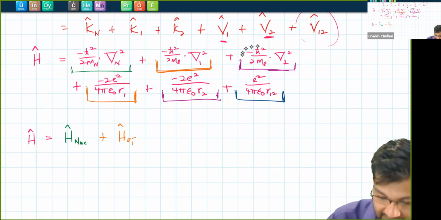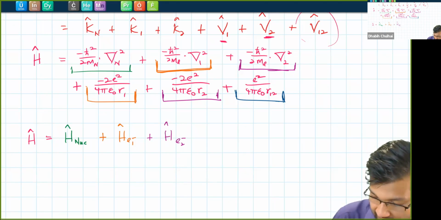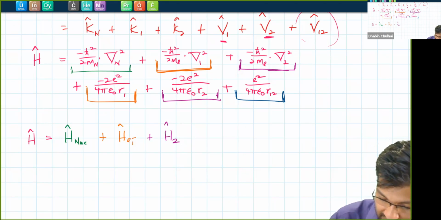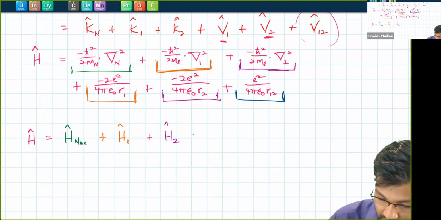This part here has a kinetic energy of electron 2 and a potential energy of electron 2. So I'm going to call it the Hamiltonian for electron 2. And to make this easy, I'll just put 2 instead of all that, so it's easier to write. We'll put 1 there. And then finally, this last part here is the repulsion between electron 1 and 2. I'll call that the Hamiltonian between electrons 1 and 2, kind of like that.